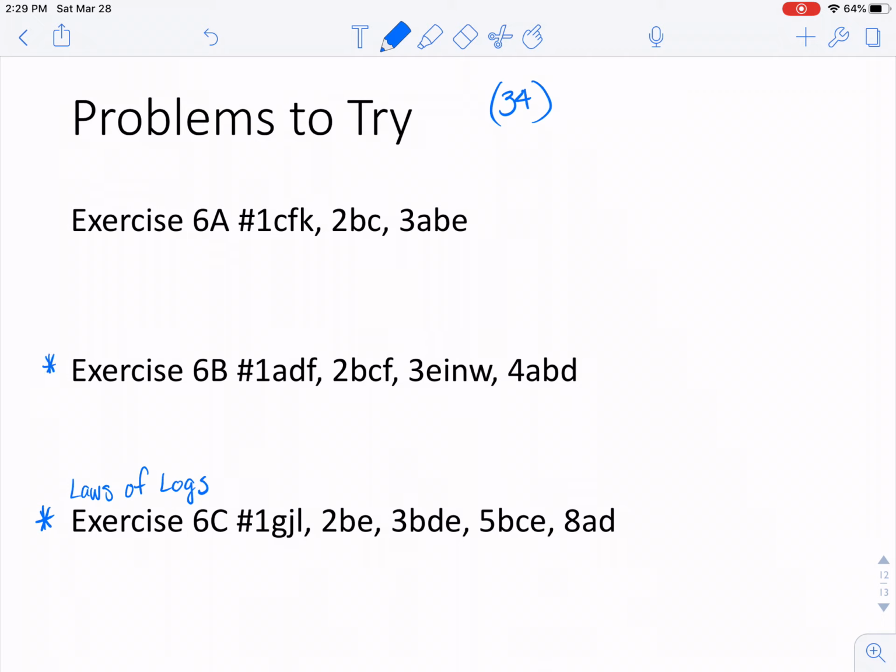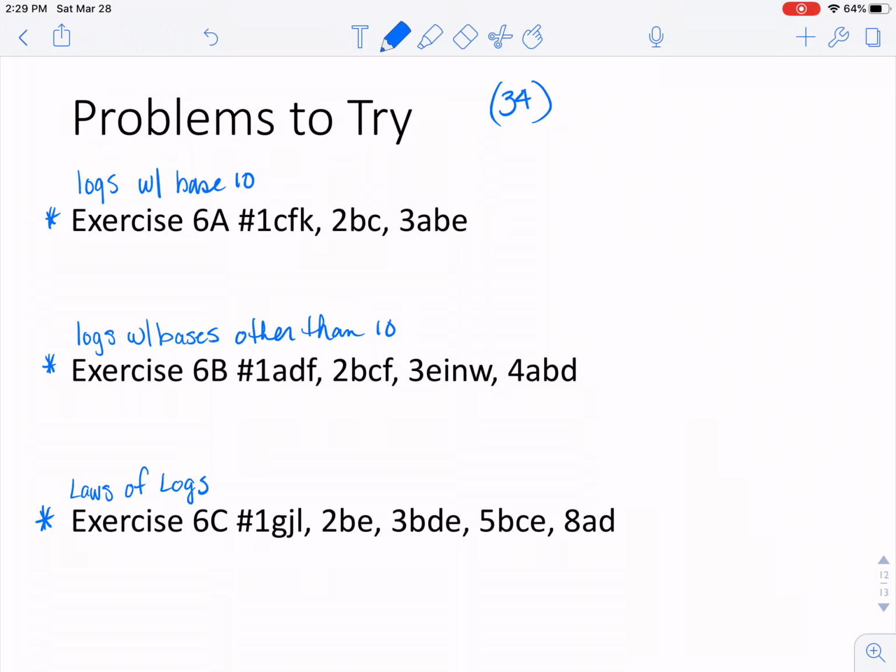Part B is where we're doing logs with bases other than 10. And then part A was logs with base 10. So a lot of them are just rewriting exponentials, but those are the problems that I want you to do.